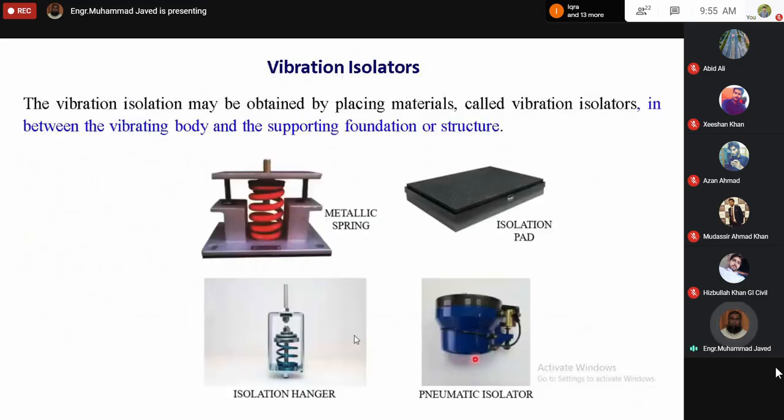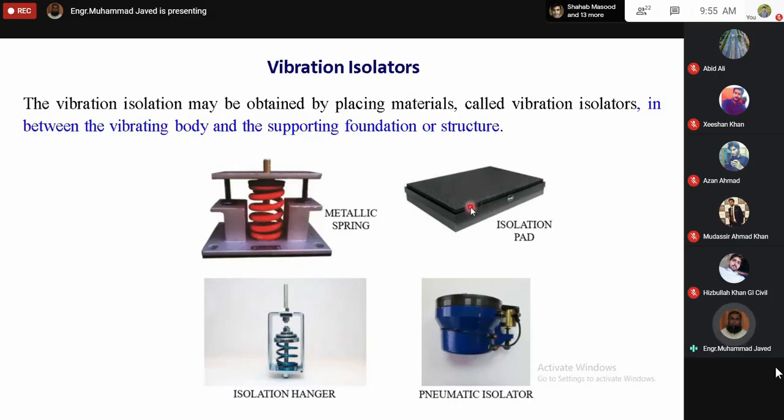So these are various types of arrangement which are used to reduce the vibration. One is metallic spring. This is usually installed at the foundation of the machine which can produce vibration and can transmit it to the surrounding. These are isolation pads.